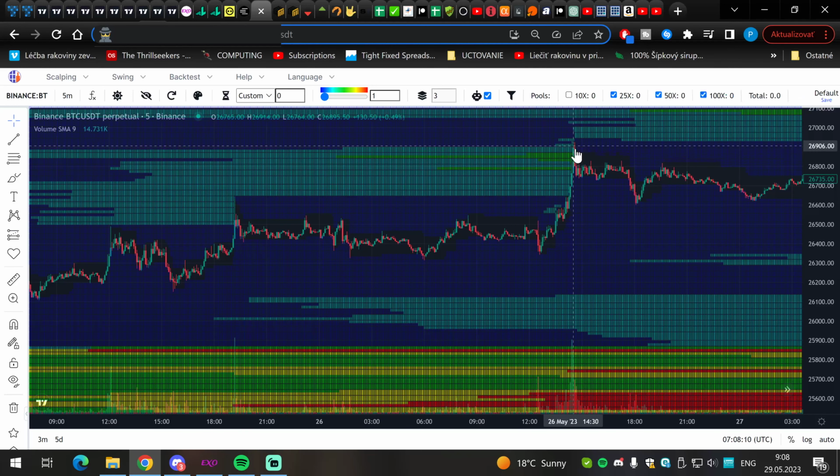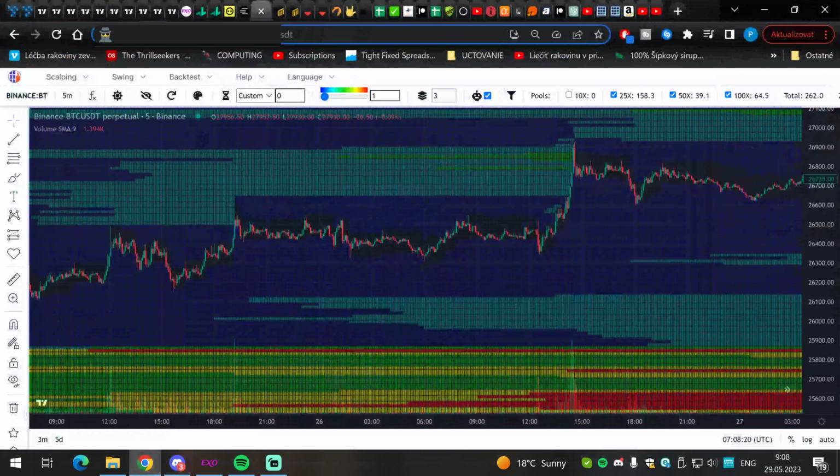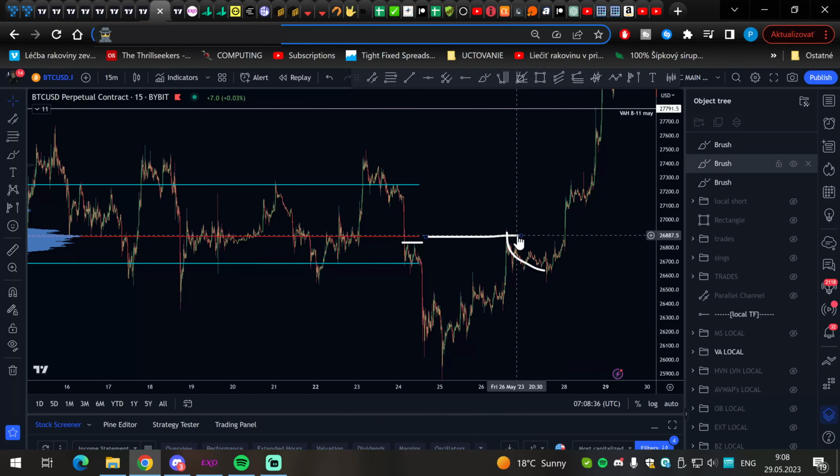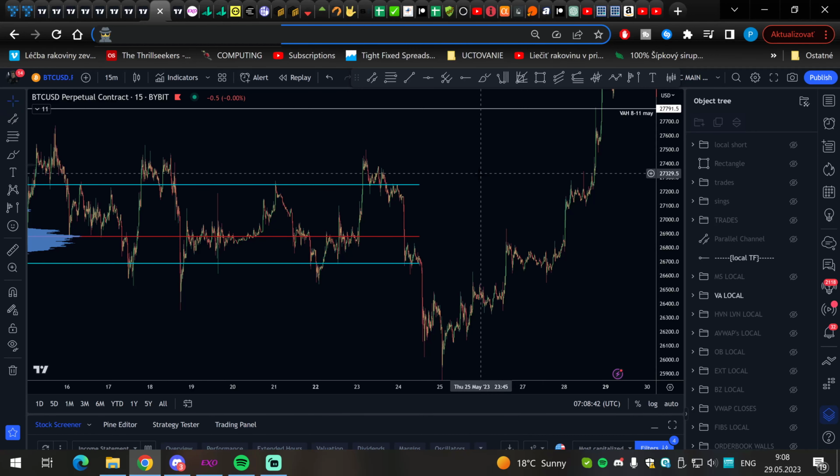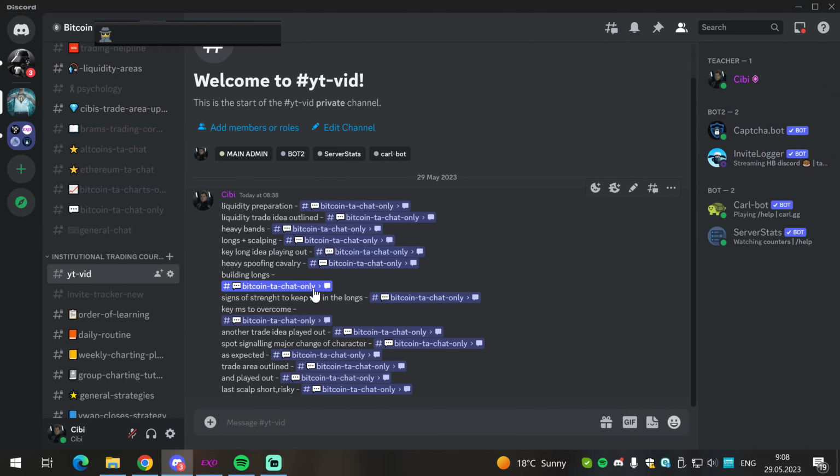Now we've hit this point of control here, and we stopped out most of the people from this range. The most aggressive sell-off, 26,900. And that was our top here. Perfect. Let's go further.